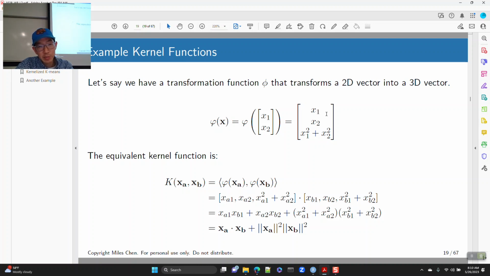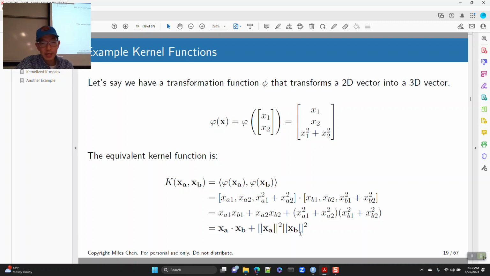It's a very simple transformation function. It preserves x1 and x2, and it adds a third coordinate, which is x1 squared plus x2 squared. The equivalent kernel function can be found by doing xa dot xb plus the norm of xa squared times the norm of xb squared.